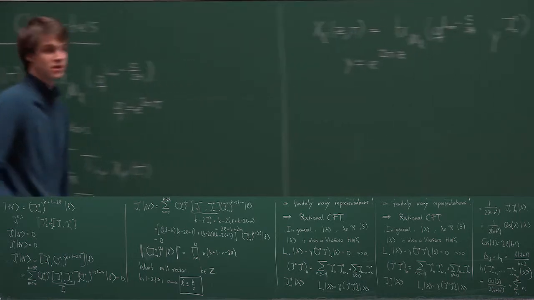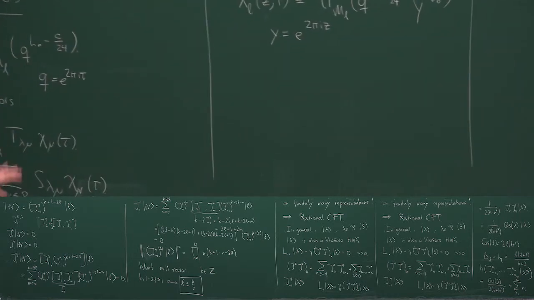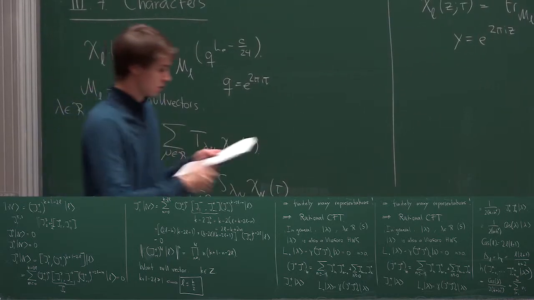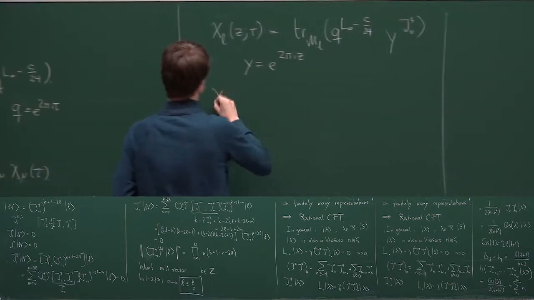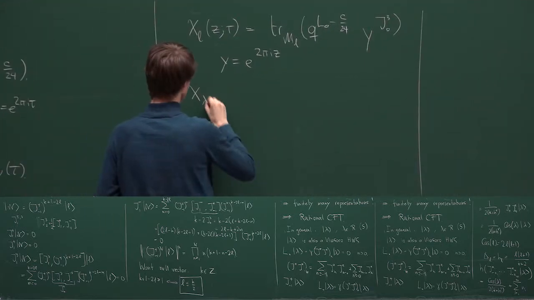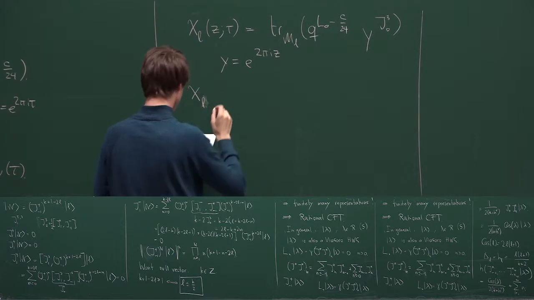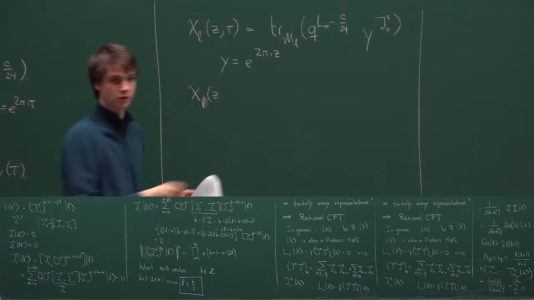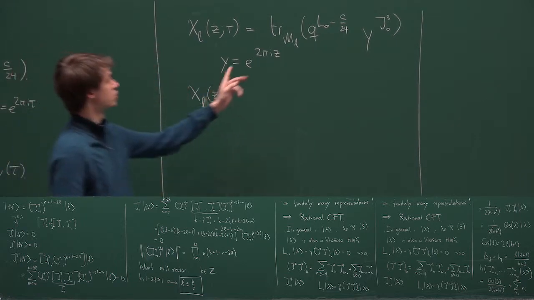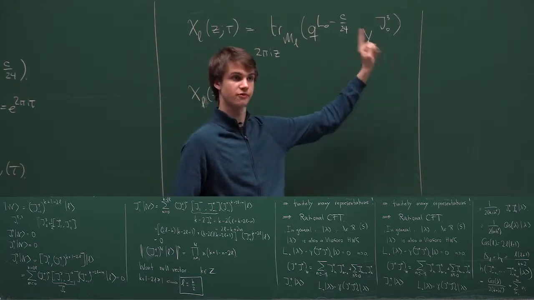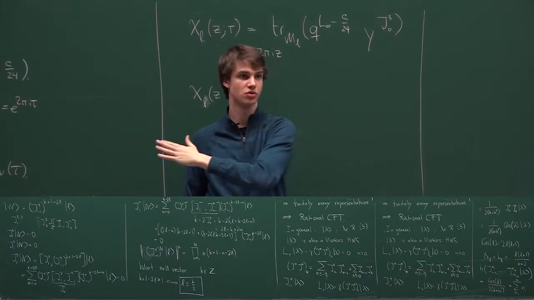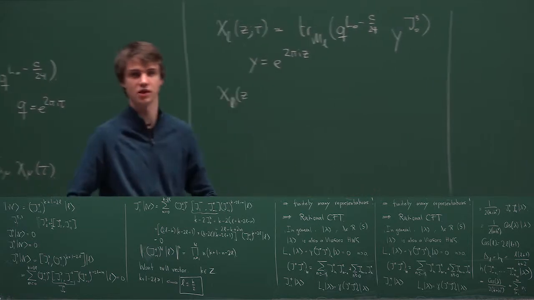Even with this modification, we still have nice modular transformations. Let's write them down, maybe this time only for SU2. In general, if you have some bigger algebra, you could introduce such an additional variable for every Cartan generator you have. So you have rank G additional variables.